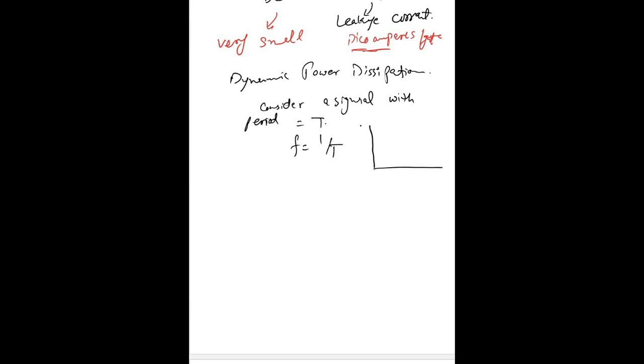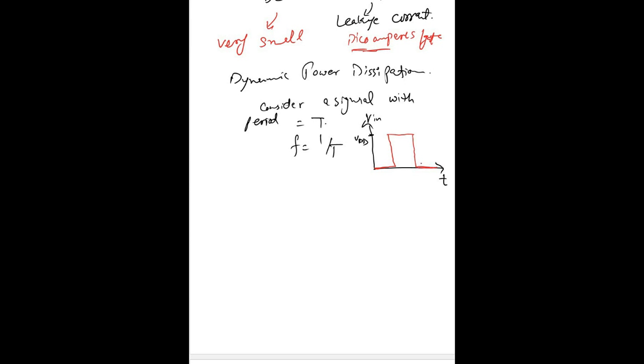We can draw something like this. We have this signal, the maximum value is VDD, obviously this is represented by Vin, and we have time here. Our signal is like this one here. We increase the signal, then the signal is decreased, and then we have this point here as well.